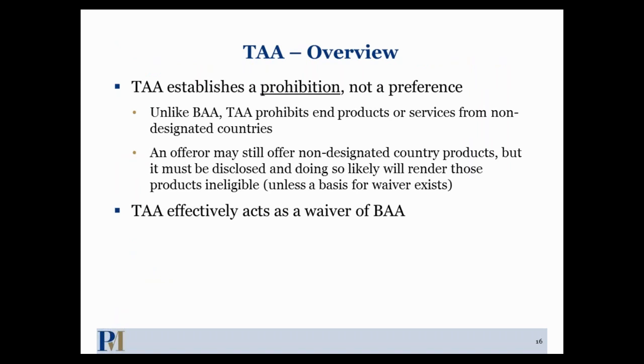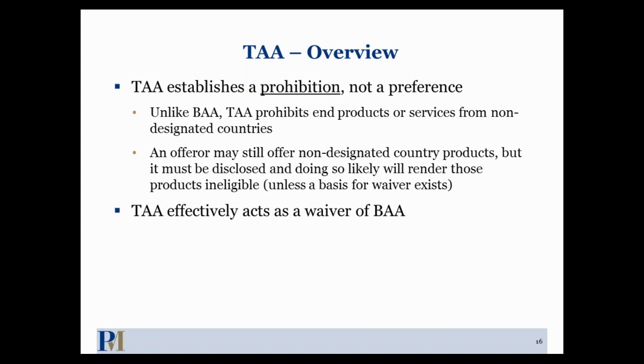As an overview of the TAA, we're getting a question on when is TAA applicable versus BAA, so perfect timing on your question, thanks. So the TAA establishes a prohibition. It's not a preference. Like we talked about for the BAA, although it's written essentially as a prohibition, it's really implemented as a preference for domestic end products.